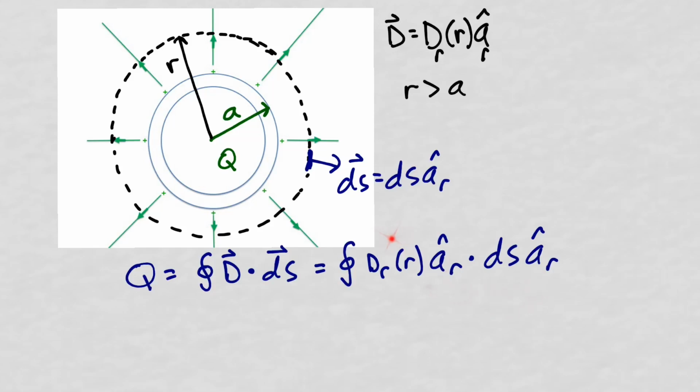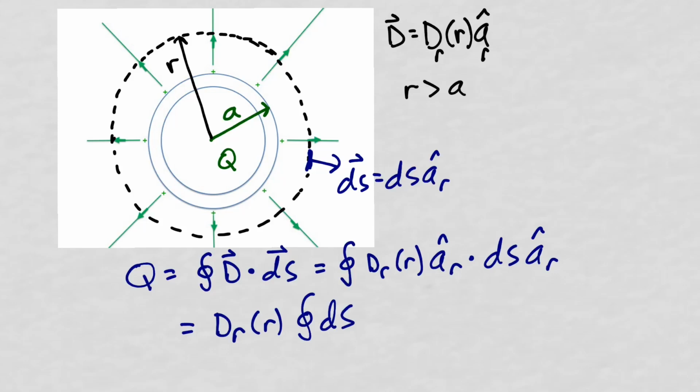This is the electric flux density on the surface of this sphere of radius r, and it is constant everywhere on that spherical surface. So this integral becomes the value of the electric flux density field on the surface of our Gaussian surface and the integral of dS over the whole surface of that Gaussian surface of radius r.